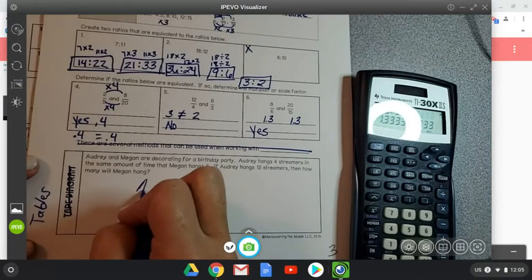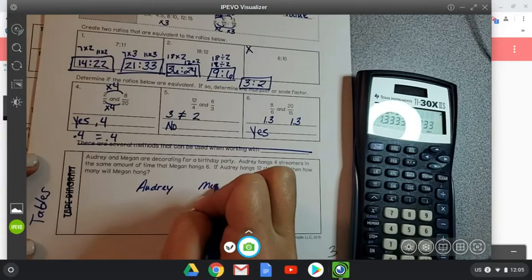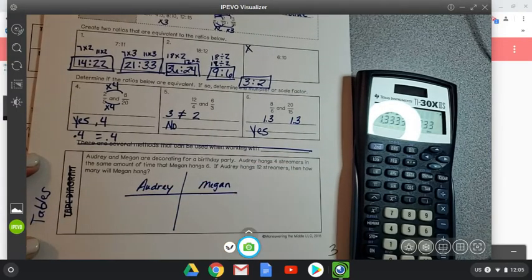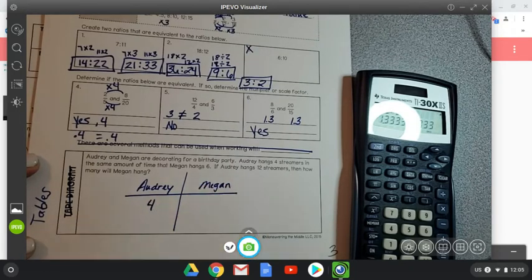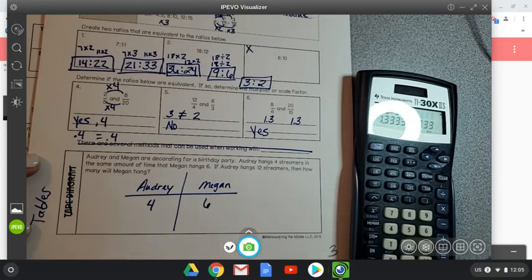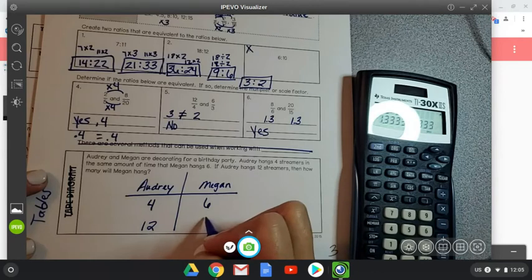So I have Audrey and I have Megan. And there's my table. And Audrey hangs 4 streamers and Megan hangs 6. Now the question is, if Audrey hangs 12 streamers, how many will Megan hang?